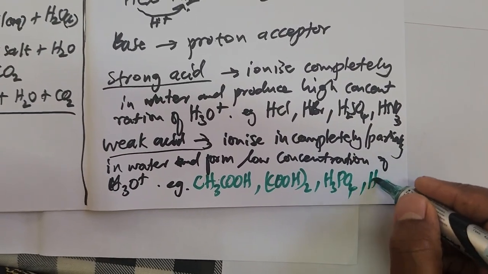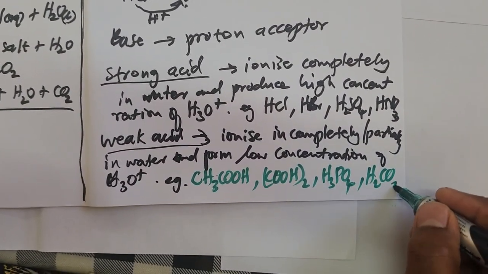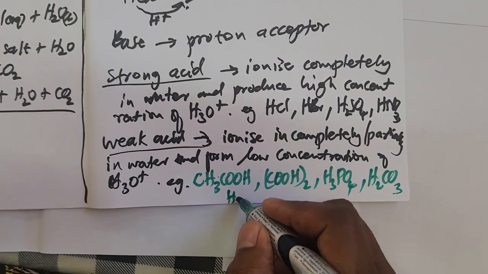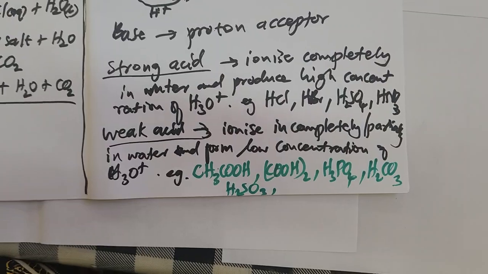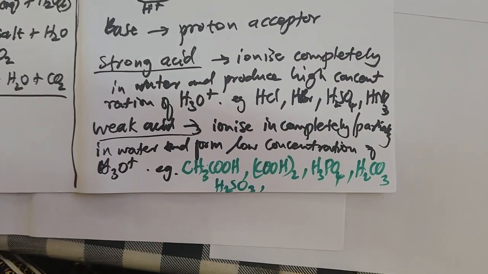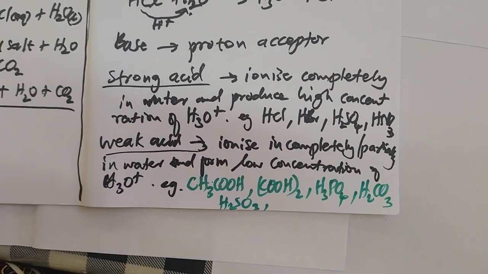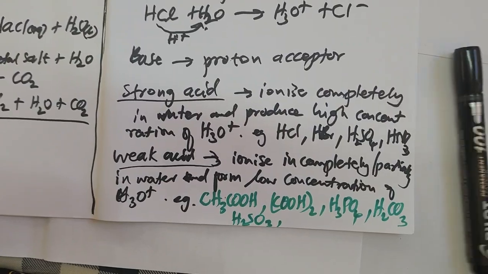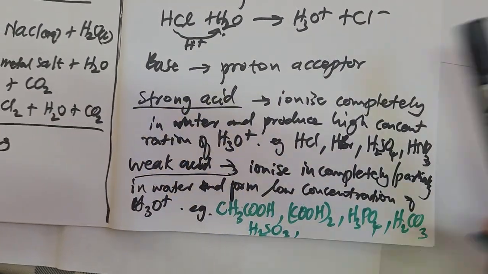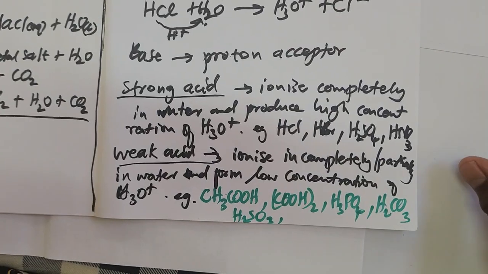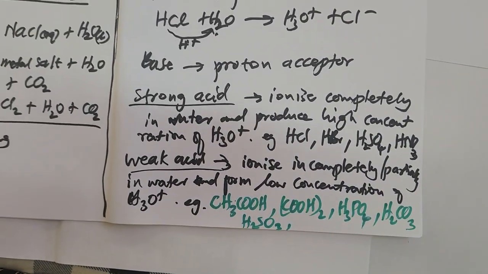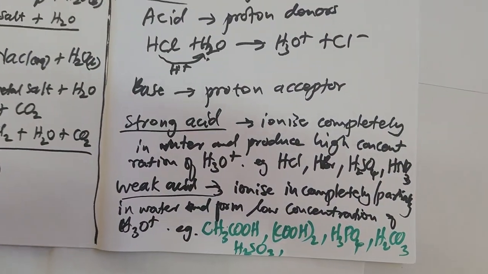Carbonic acid is weak. There are many. Sulfurous acid is weak. So those are typical weak acids, including your ammonium chloride as well.